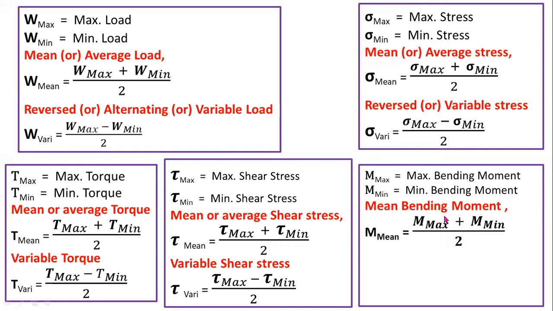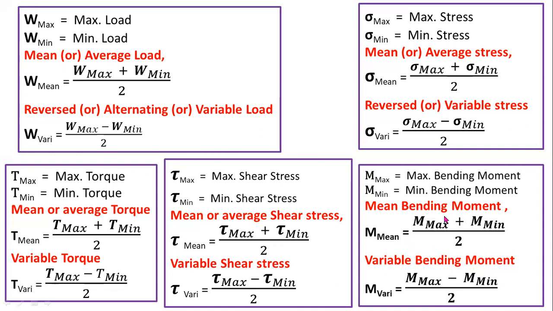For determining the mean bending moment, M equals maximum bending moment plus minimum bending moment by 2. For determining the variable bending moment, Mv equals maximum bending moment minus minimum bending moment by 2. These are the important formulas for determining the mean and variable values.